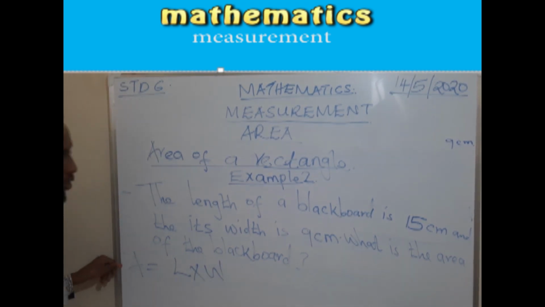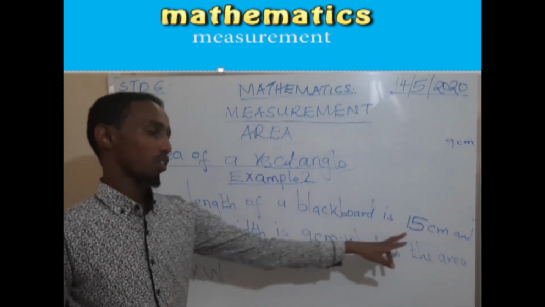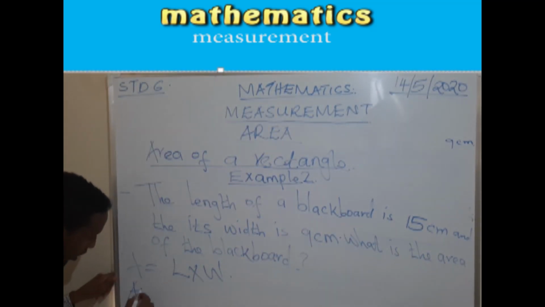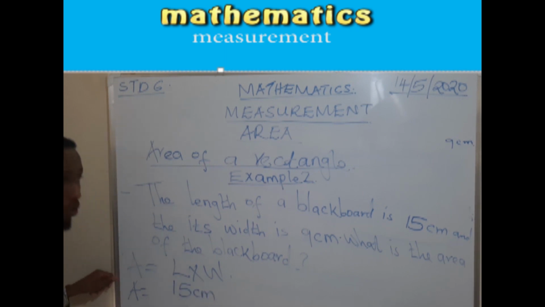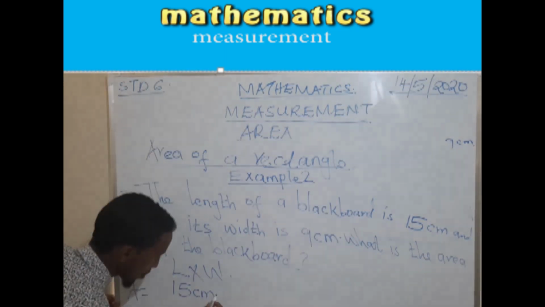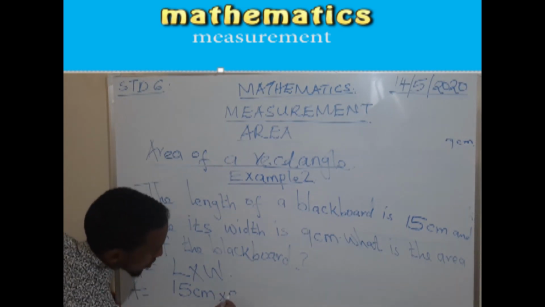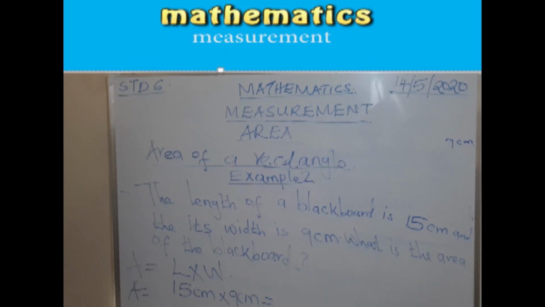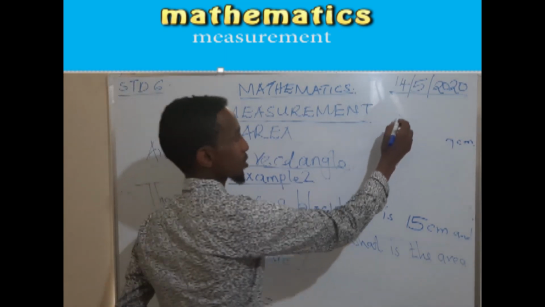Times width. Our length is 15 centimeters. So therefore we say area is equals to 15 centimeters, which is our length, times 9 centimeters, which is our width, is equals to, now what is 15 times 9?